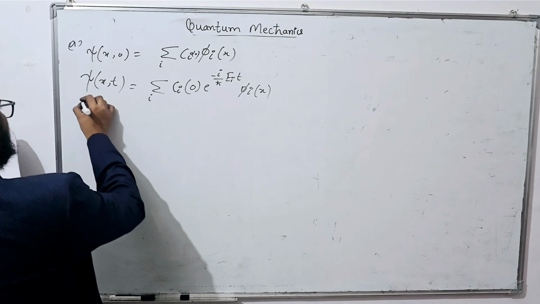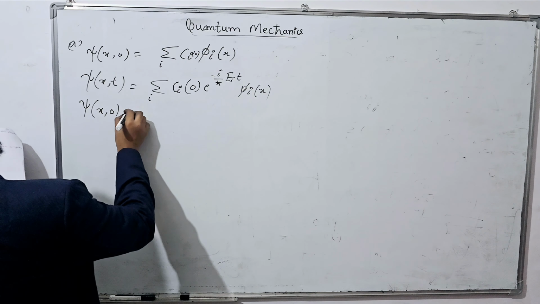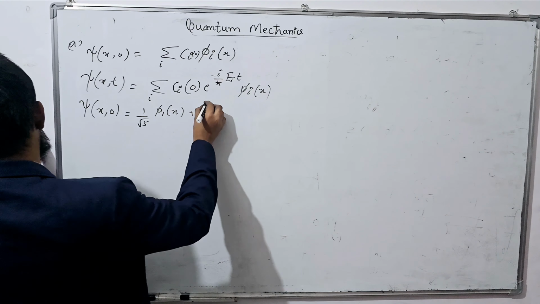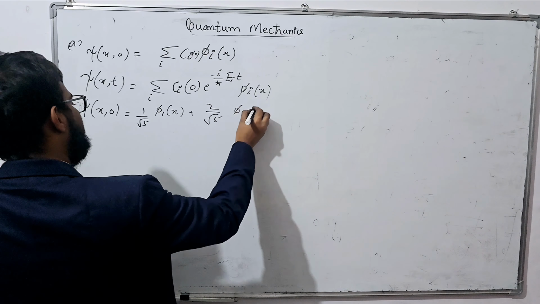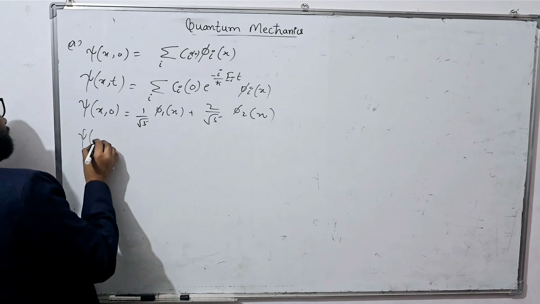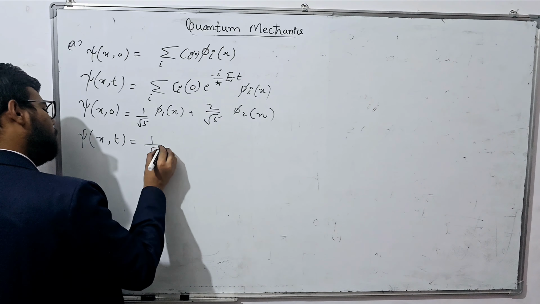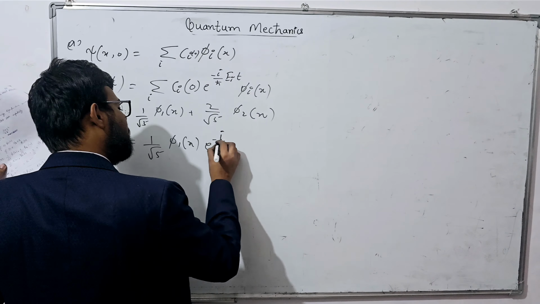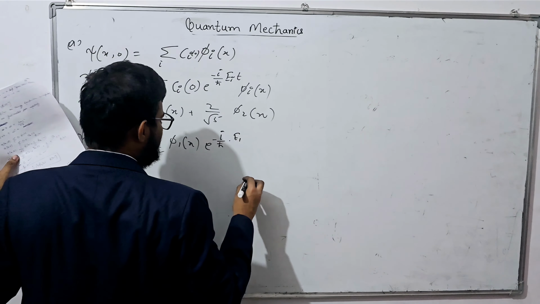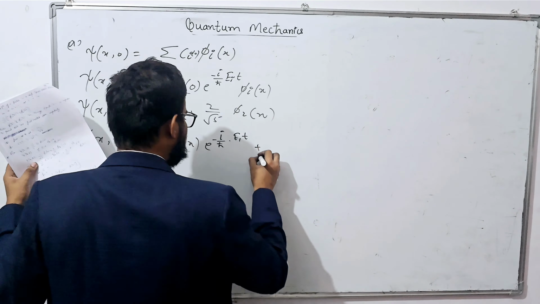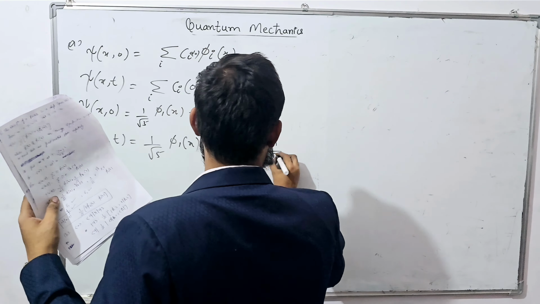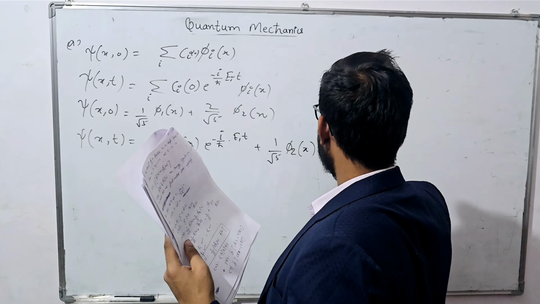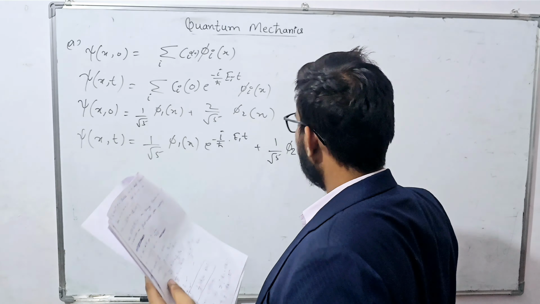Okay, so now you remember that psi of x comma 0 is equal to 1 upon root 5 phi 1 of x plus 2 by root 5 phi 2 of x. So psi of x comma t is equal to 1 by root 5 phi 1 of x into e to the power negative i by h bar E1 t plus 2 by root 5 phi 2 of x into e to the power negative i by h bar E2 t, right?